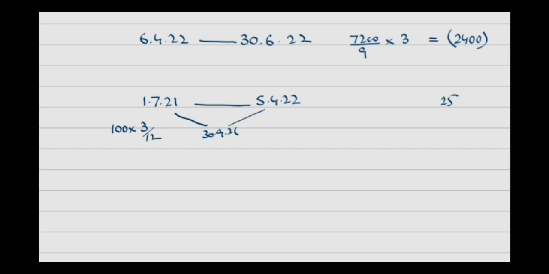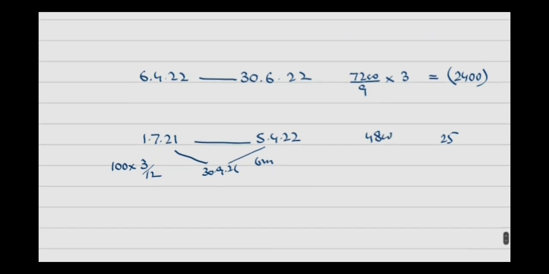And in the period from 30th September 21 to 5th April 22, this is the 6 months period, in which he has suffered a loss of 4,800. How 4,800? Because out of 7,200, 2,400 of loss has already been recognized in the tax year 22-23.